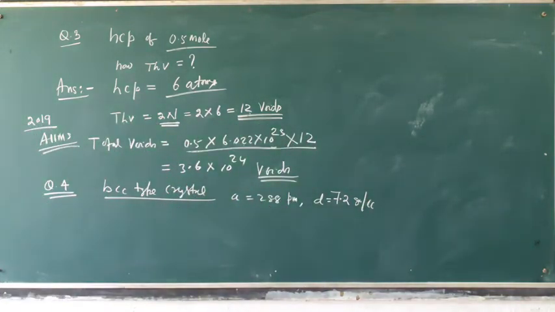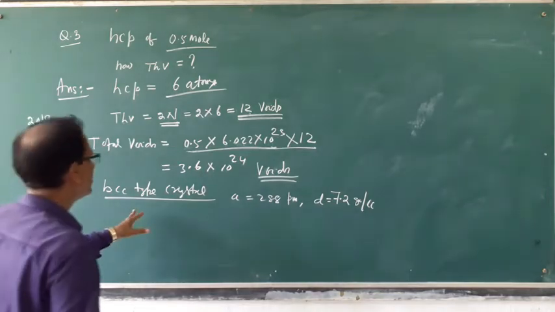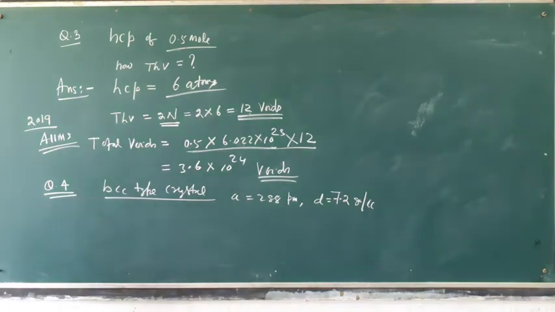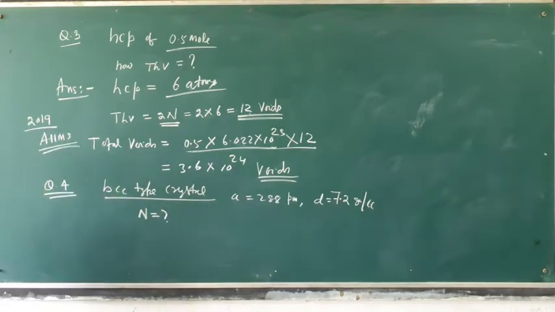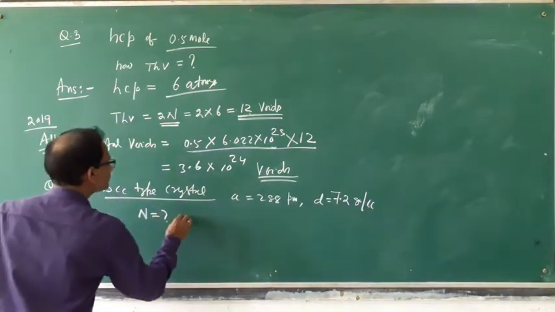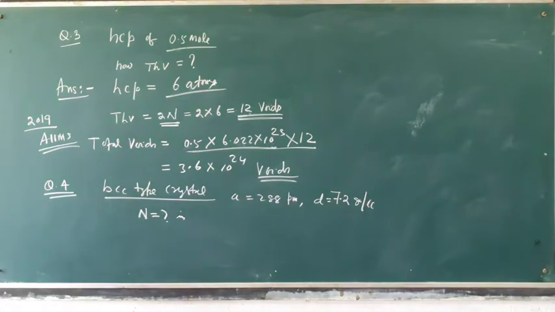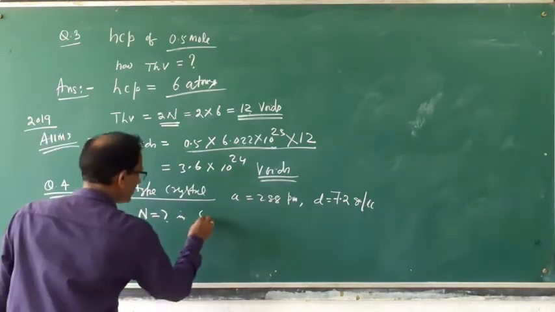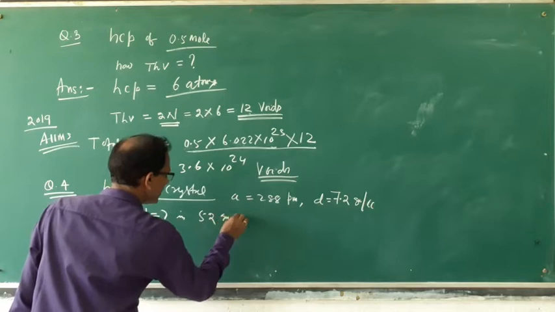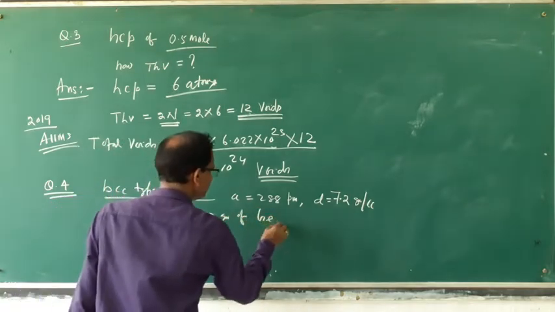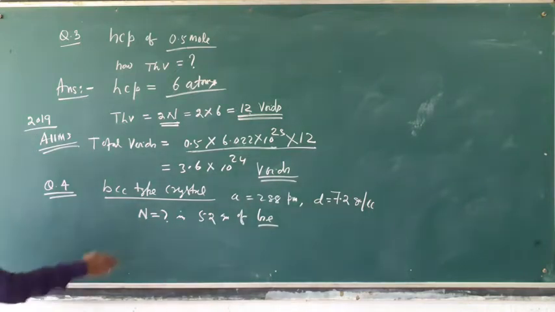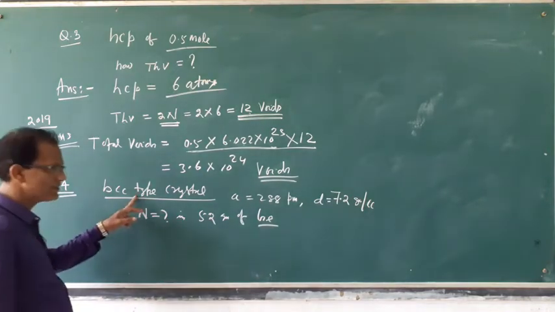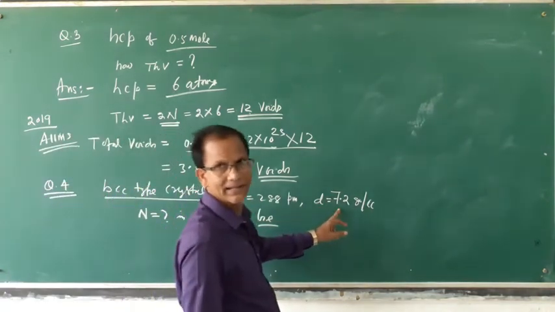The question is: what is the number of atoms present in 52 gram of germanium? 52 gram of germanium contains how many atoms, if it is a BCC type crystal with edge length and density given?